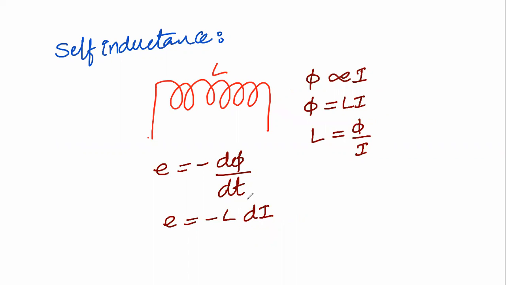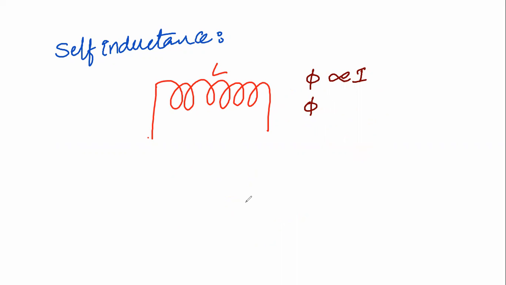Once again I'll repeat. Whenever there is a change in magnetic field in a coil that induces EMF in that coil, it is called self-induction. Phi is proportional to I. Change in magnetic field is directly proportional to induced current. To replace the proportionality, we multiply with a constant, so phi is equal to Li.